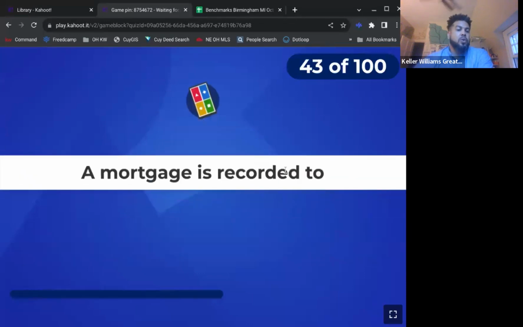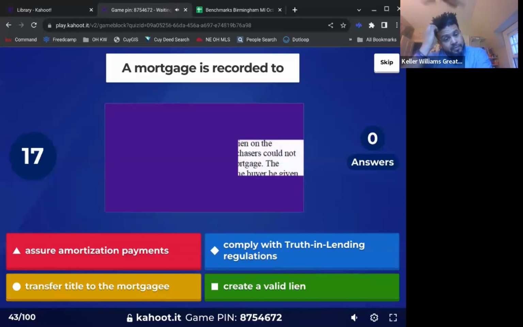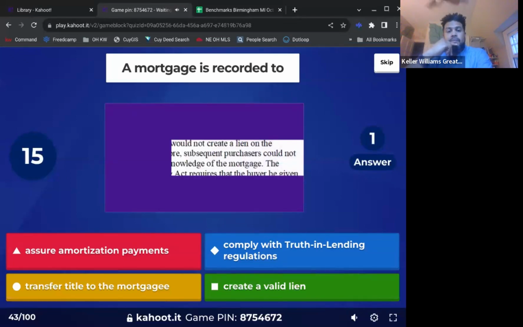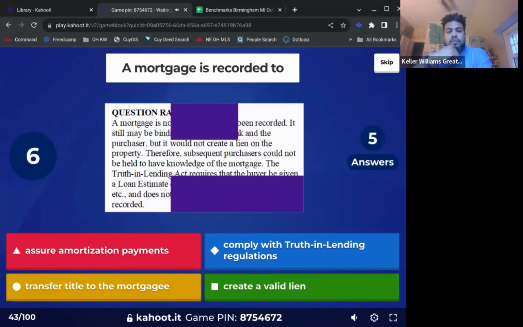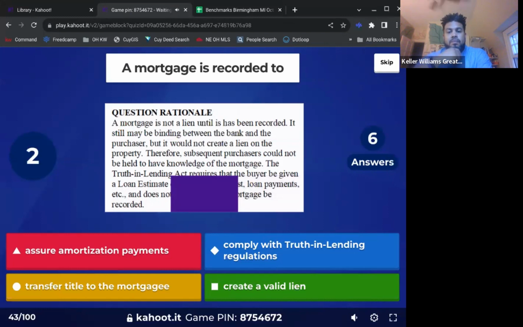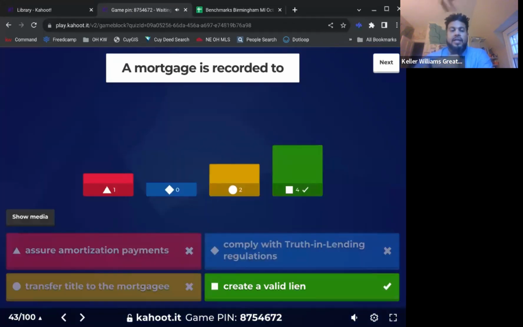A mortgage is recorded to create a valid lien. Yes.